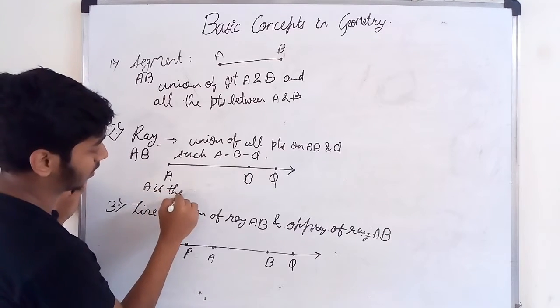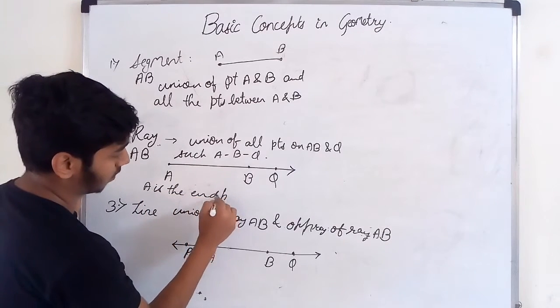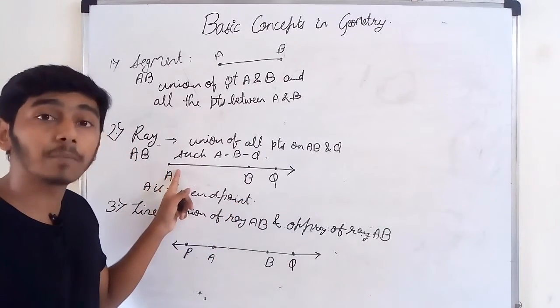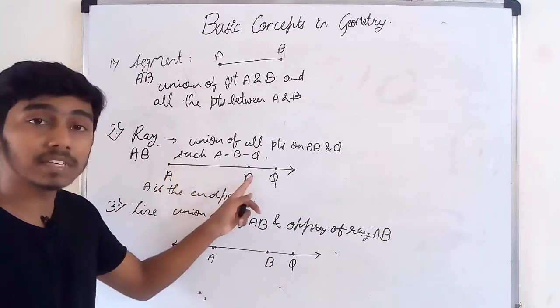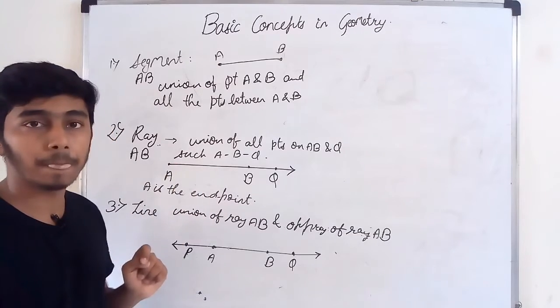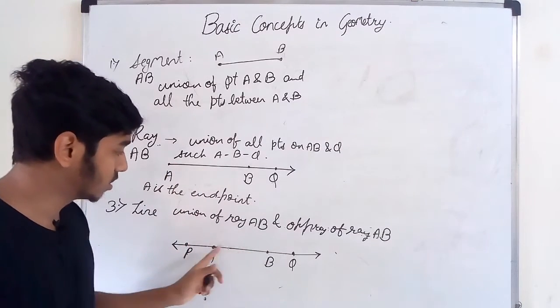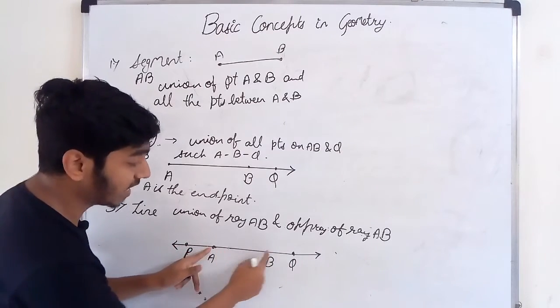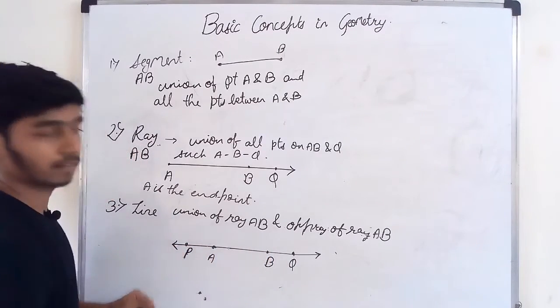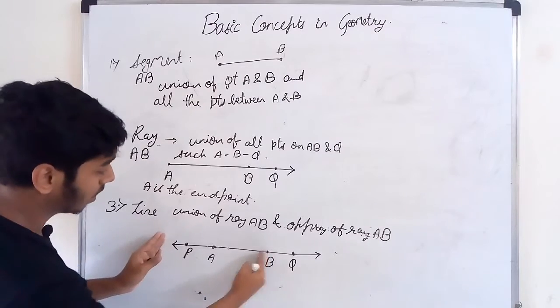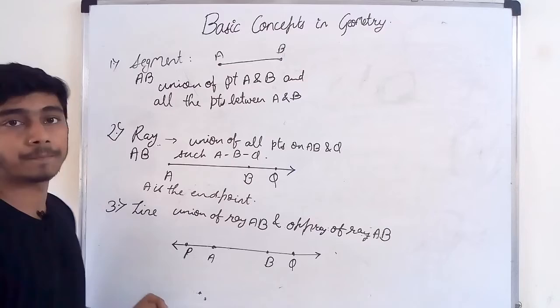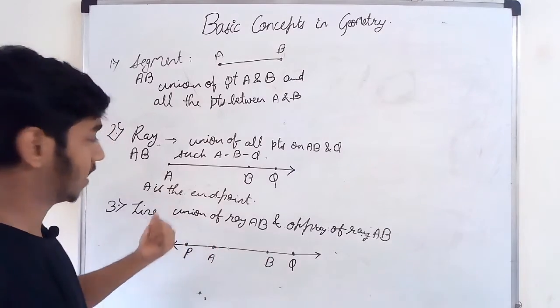A is the endpoint, so from the endpoint you name this ray AB. This line is composed of ray AB and ray BA. BA goes from B till A, so that is a line.